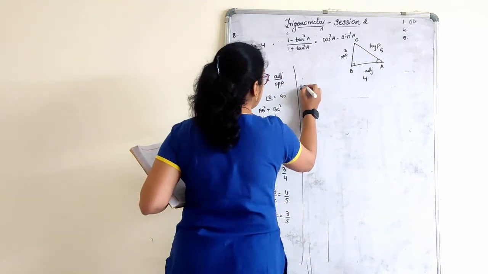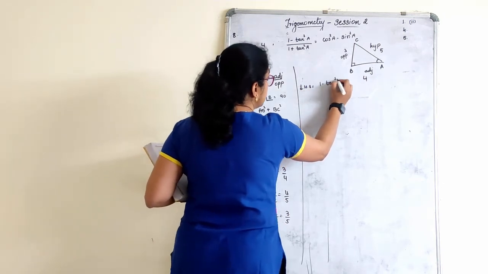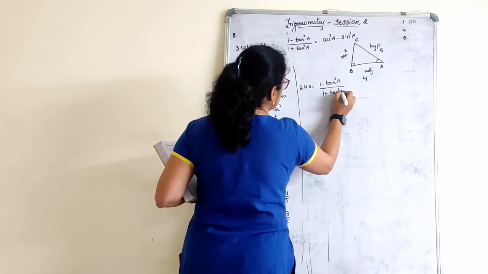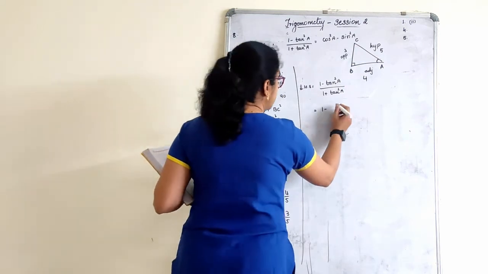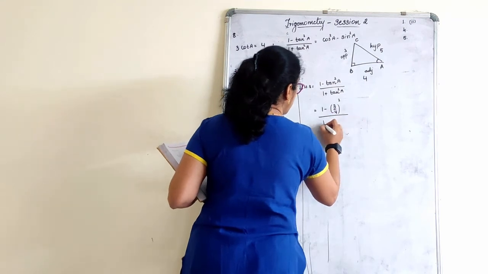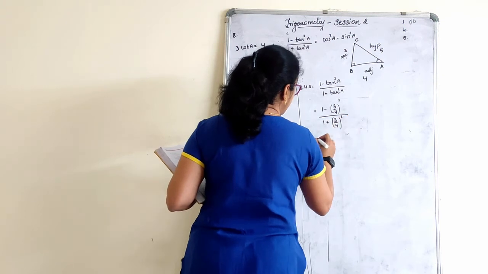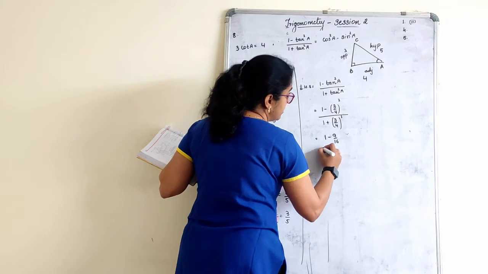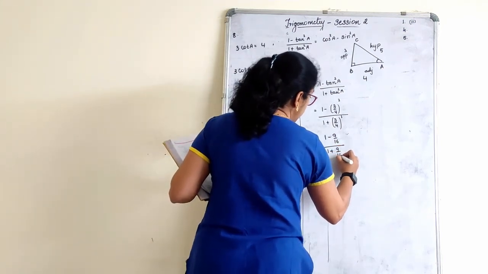First let me check with LHS. LHS is equal to (1 minus tan square A) divided by (1 plus tan square A). Tan A is 3 by 4, so 1 minus 9 by 16 over 1 plus 9 by 16.